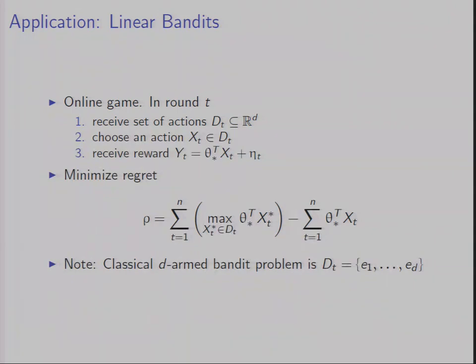We just don't know the parameter theta star. Our goal is essentially to be as good as if we knew theta star. If you know theta star, you obviously choose your action such that it maximizes the dot product with theta star. That's what the first sum shows. And your regret is basically just the difference of these two rewards.